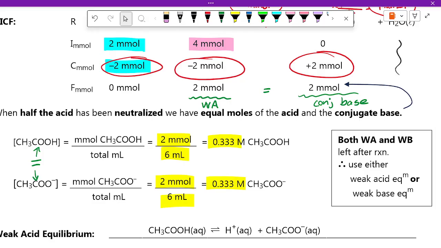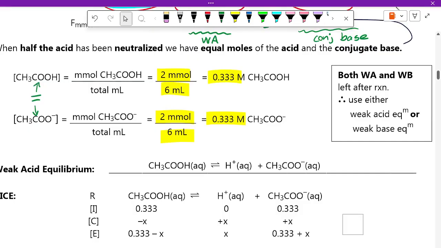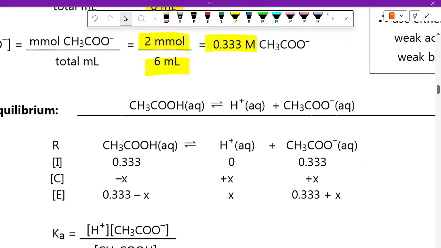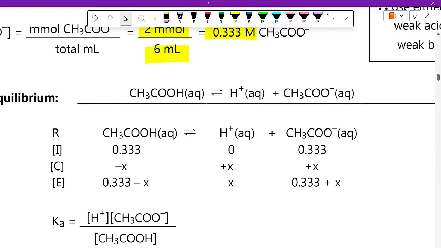And we've got our weak acid equilibrium. This time I did not use water. I just did the dissociation. So we have 0.33 molar of the acid form. Remember, these are now concentrations, molar. And this is an ICE table.